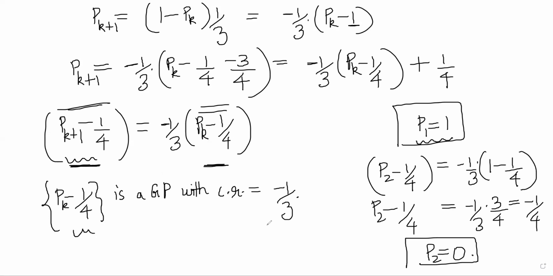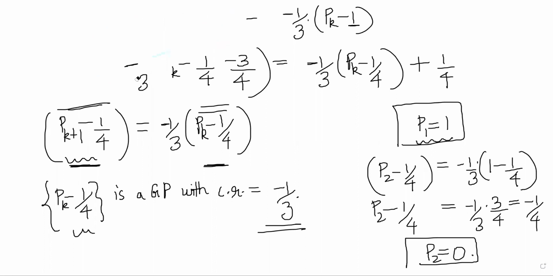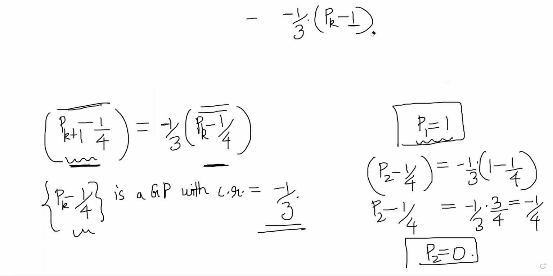So if we have a GP setup like this, then we can easily write the nth term, right? So let's try to write the nth term for this GP here. The nth term of a GP is first term multiplied by common ratio R to the power n minus 1, right?